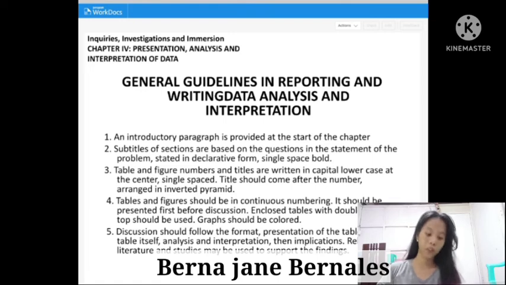Number 4, ang table and figure ay hindi dapat magkakasunod-sunod ng mga numero. Dapat muna ito ipacheck bago ito talakayin or i-discuss. Number 5 is, ang pag-discuss dapat ay nakasunod sa format na APA style or MLA.